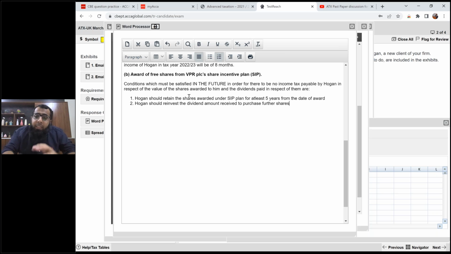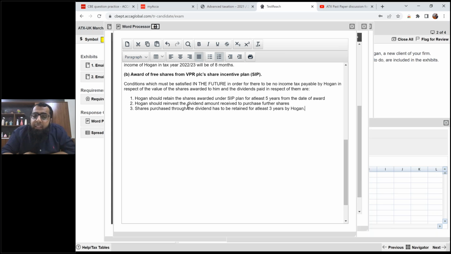Okay, now these are the 2 requirements which students normally remember. Now there is one more point which is normally not included in the past papers, but you can learn it from the answer. Shares purchased through the dividend have to be retained for at least 3 years by Hogan.